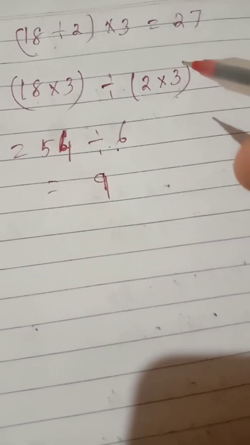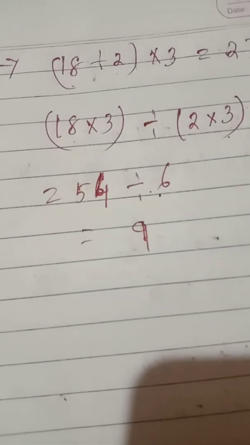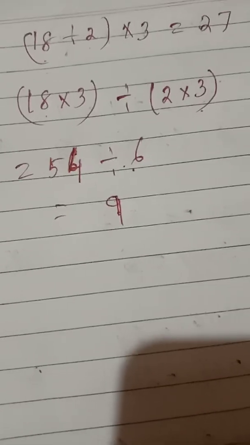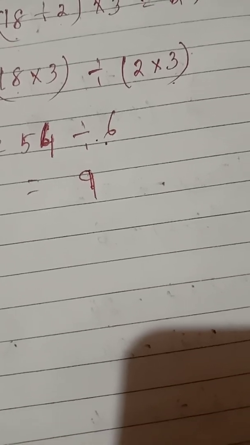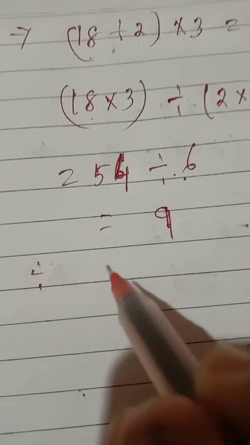Distributive property of multiplication holds good over addition and subtraction of whole numbers. So this property is not applicable properly for division as well as multiplication.